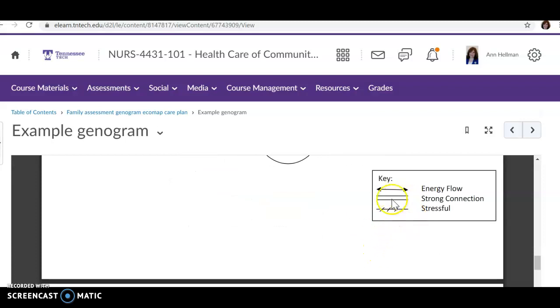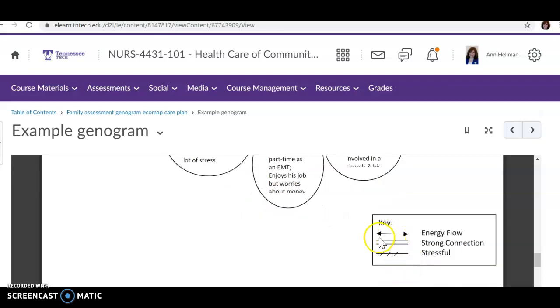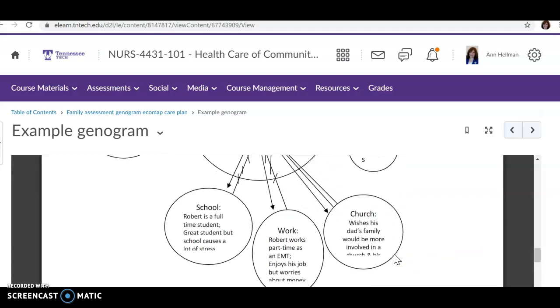So energy flow means the patient gives and takes from that relationship. So that's a good reciprocal relationship. If that connection with the patient and that outer circle is especially strong, then it would be 2 lines. Normally you would also see 1 line for just a form of connection. And then if there's a stressful issue here, you would see something like that.